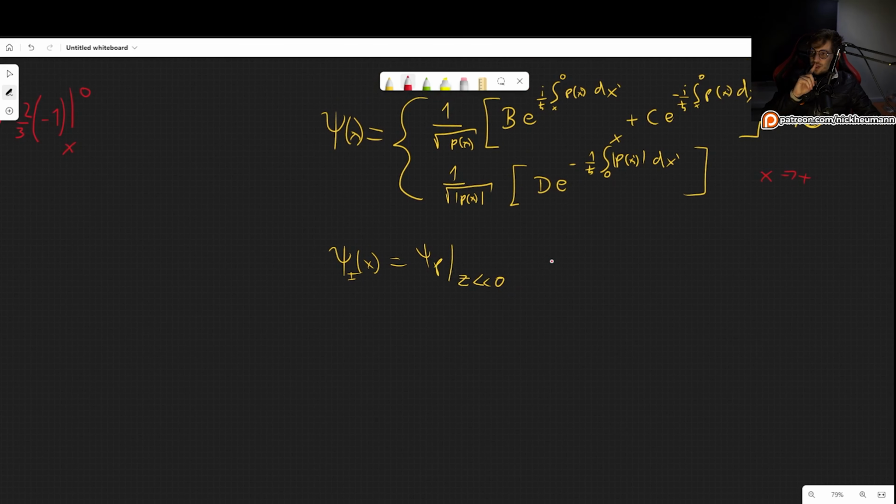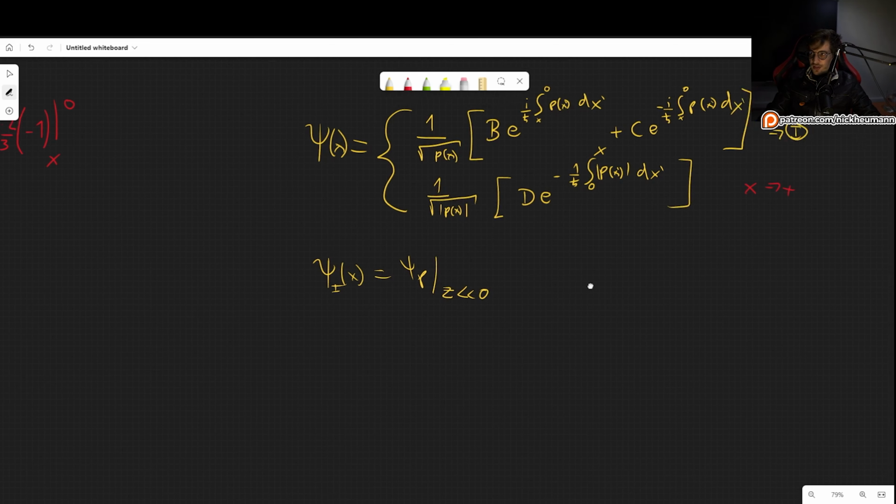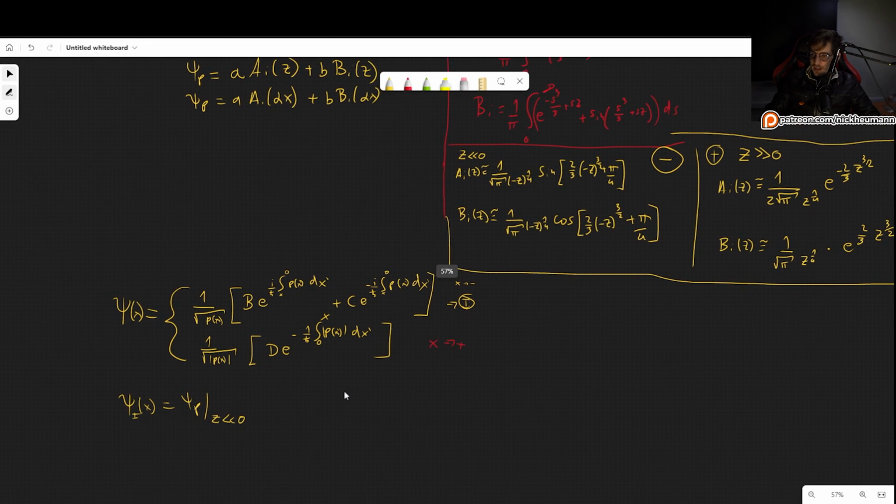Actually, let's take a look at which region is more convenient before we just dive into this. Because what we will do is equate this entire thing, this is region 1, so it will be this and this. But if we start off with region number 3, it will actually be much simpler because we only have one term here.